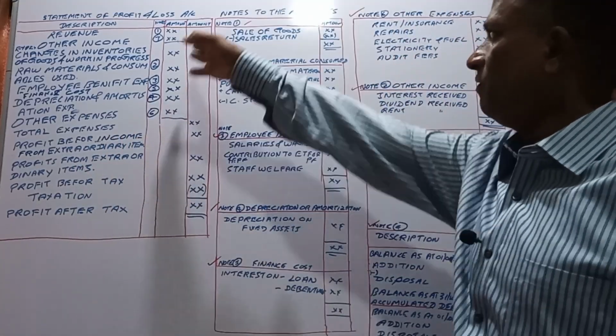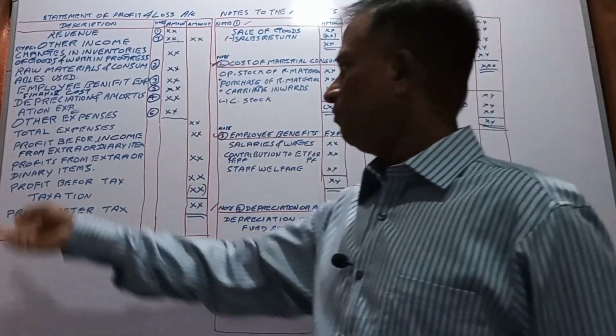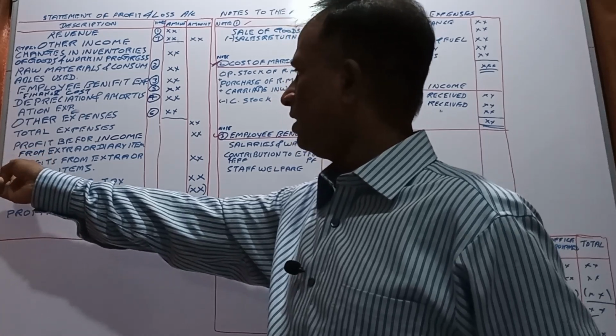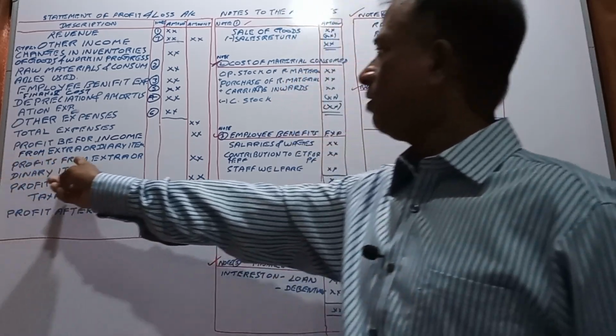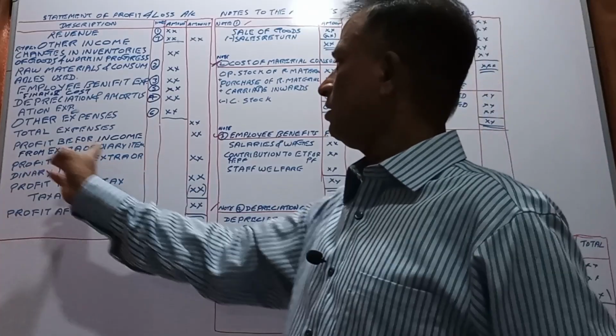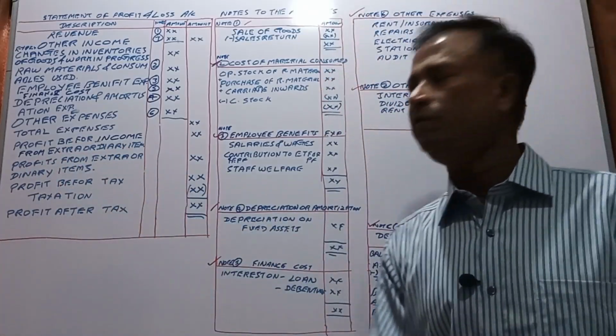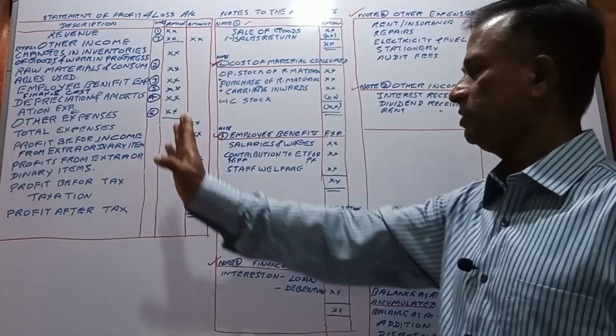This is the income we have derived, and thereafter we have to add profits from extraordinary items. Did you understand what the extraordinary item is?